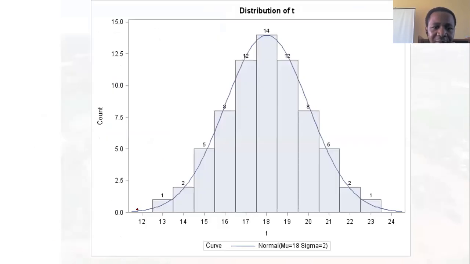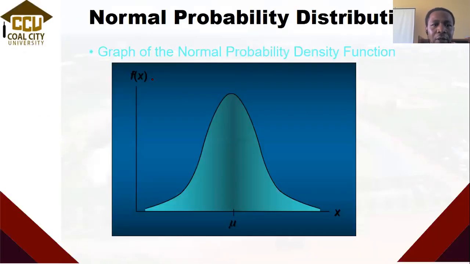You can see something similar here also. It looks like a bell, which is why it's called the bell shape or the Gaussian curve. This is a very good example of what the normal distribution curve should be like.